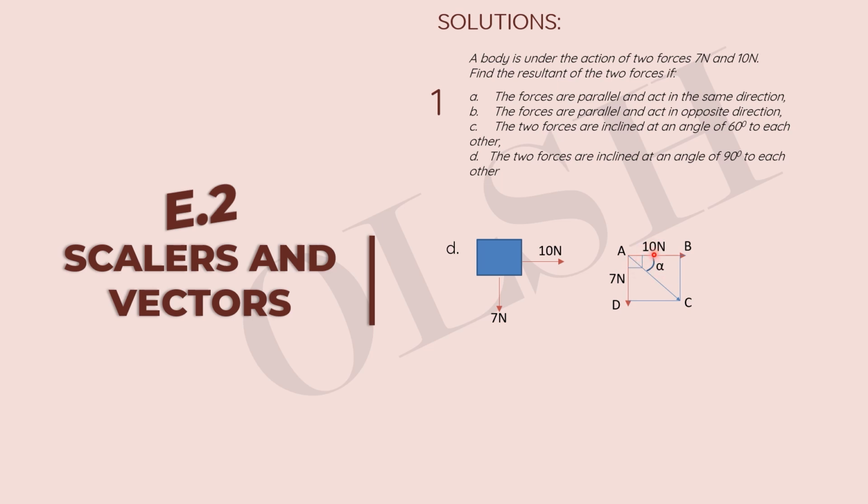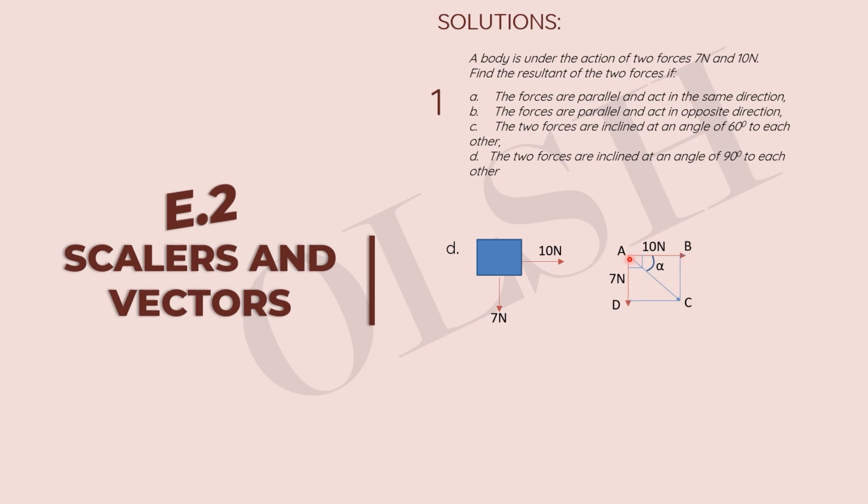But let's remember that the two adjacent sides of the triangle should be taken in order. If we look at this and this, they are both out of order. This is going this way, this is going this way. So we have to take the sides that are in order. That was why in class I made us understand that our vectors should always be tail to head.